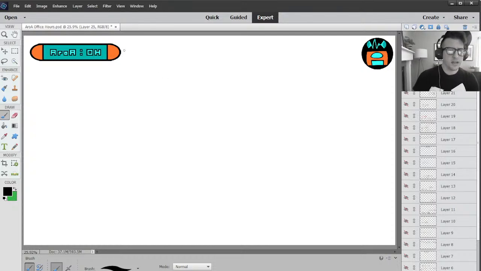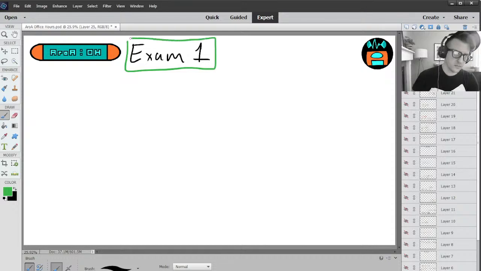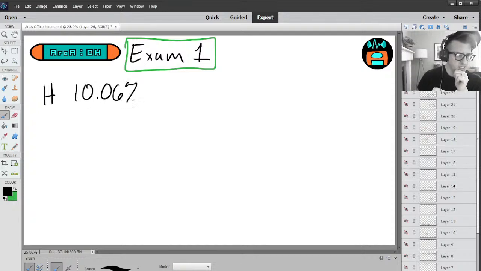So this is an example from exam 1. Hydrogen represents 10.06% of the mass of a molecule whose chemical formula is CzH4.